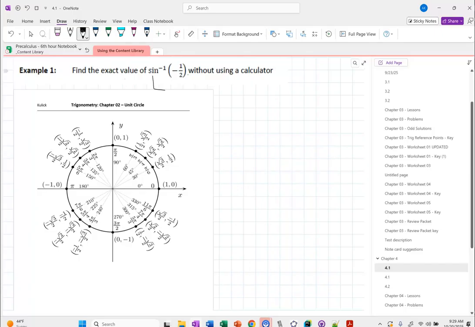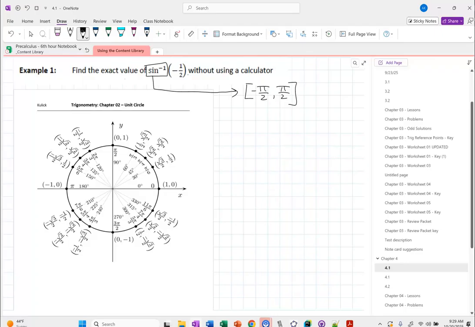So the first thing I'm going to do is observe that we're looking at sine inverse. The range for sine inverse is -π/2 to +π/2.